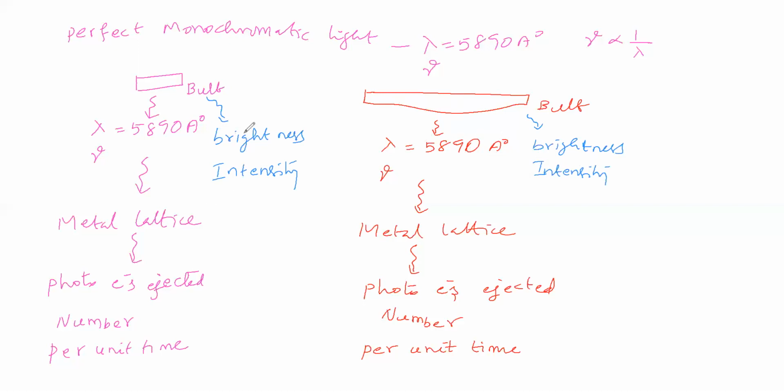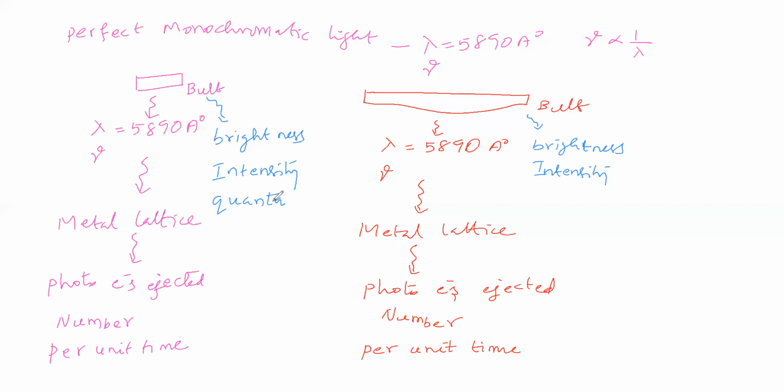This bulb is emitting radiation, so that radiation contains quanta. Many quanta are there. Quanta means energy particles. Quantum means energy particle, and quanta is the plural.